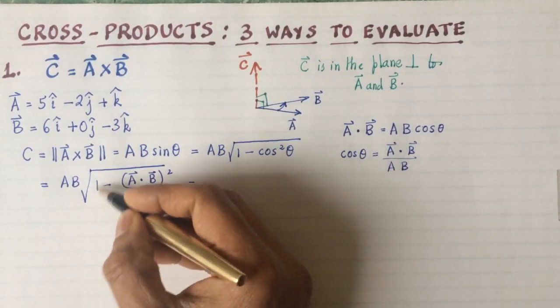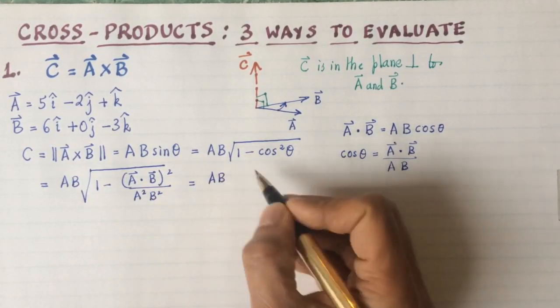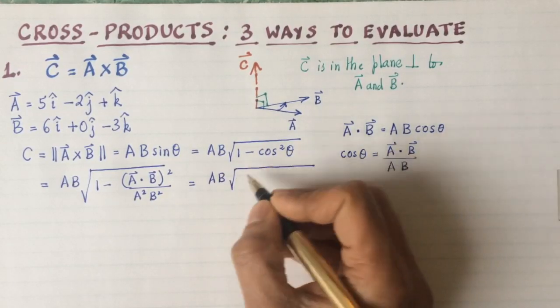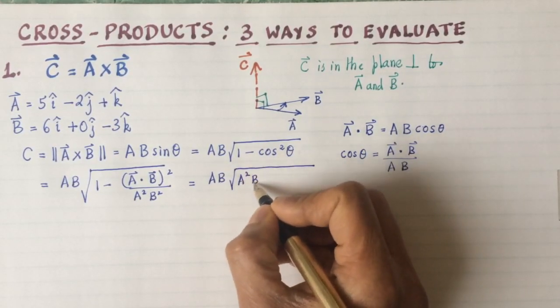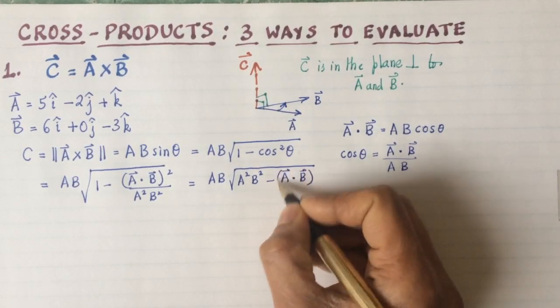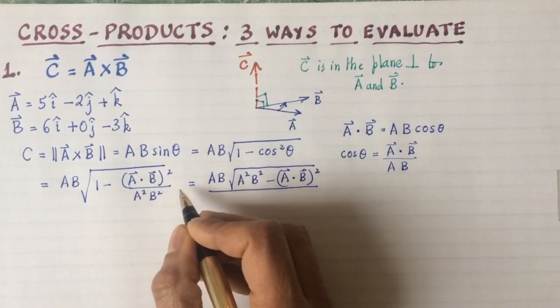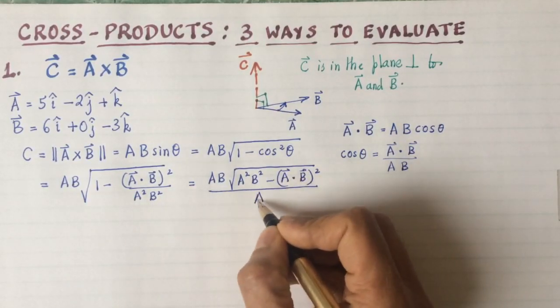And when I take the common denominator here, I'm going to end up with AB times the square root of A squared B squared minus A dot B squared, divided by, that's going to be the square root of A squared B squared, or just AB.